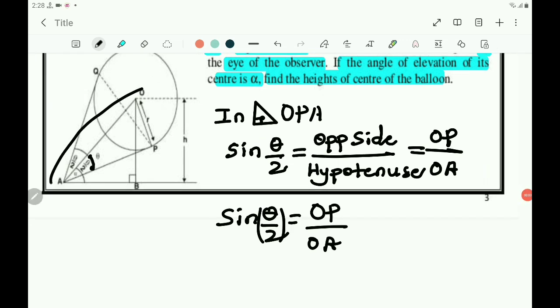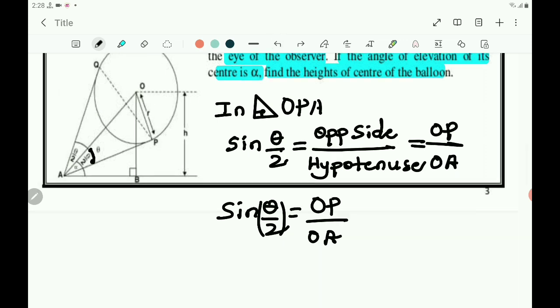Here OA is the common side for both triangles OPA and OBA, so let us express this in terms of OA only.